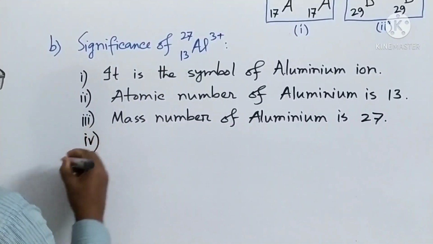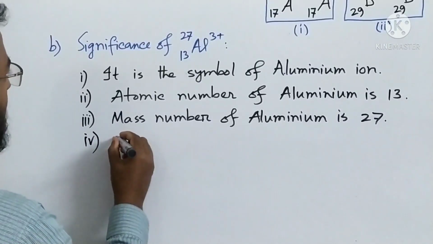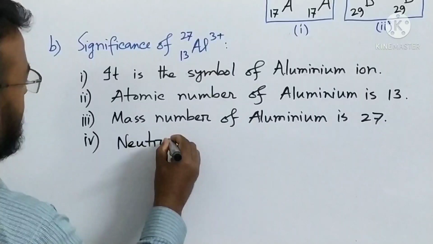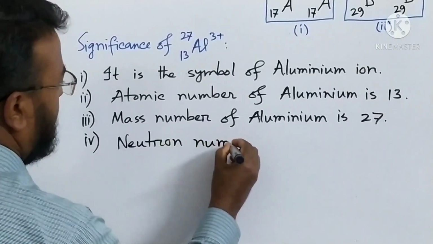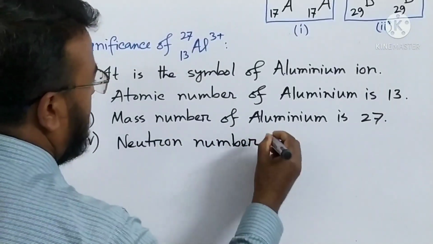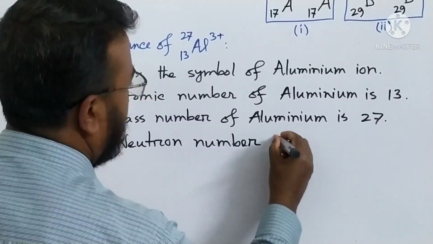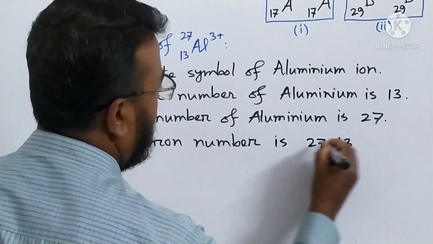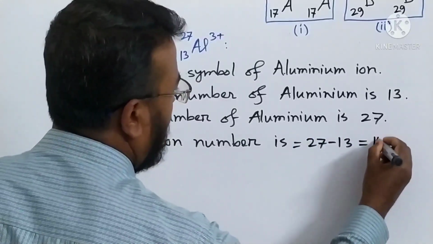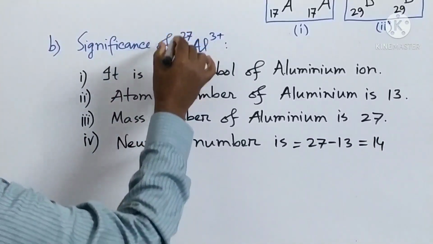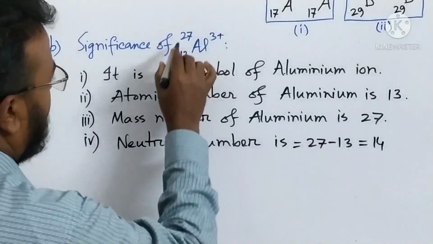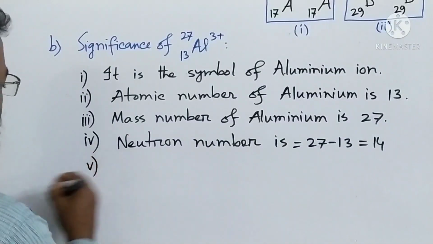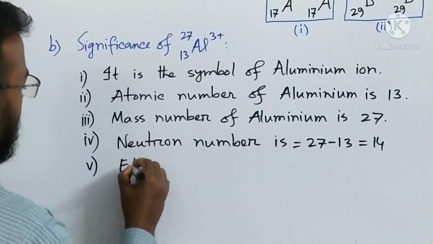Then number 4, the neutron number is 27 minus 13 equals 14. It is the mass number and it is the proton number. Mass number minus proton number gives the neutron number. Then number 5, electron number.